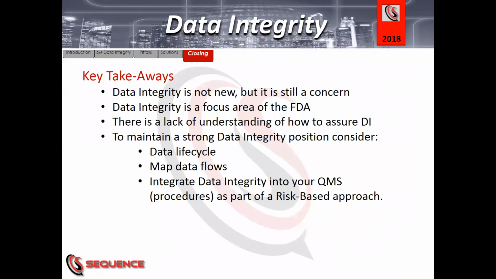And finally, the final takeaway here is to maintain a strong data integrity position. Consider the data lifecycle, consider mapping your data flows, and consider integrating data integrity into your QMS or your overall procedures as part of a risk-based approach.